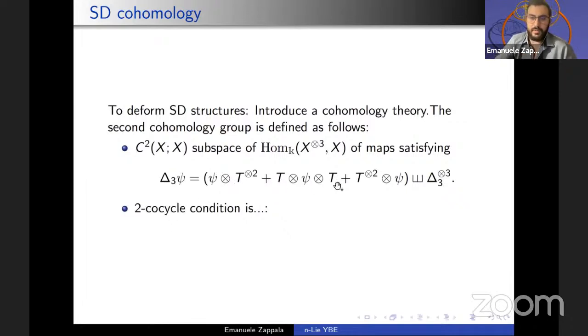So you need basically something that behaves well with the co-multiplication, but there's no surprise because you have both an operation and a cooperation, so they need to be somehow well behaved with respect to each other. The condition you need is this one that very much looks like a sort of co-derivation condition where the operation appears twice, though. So you reduce from hom of X tensor 3 into X, you reduce it to things that satisfy this equation.